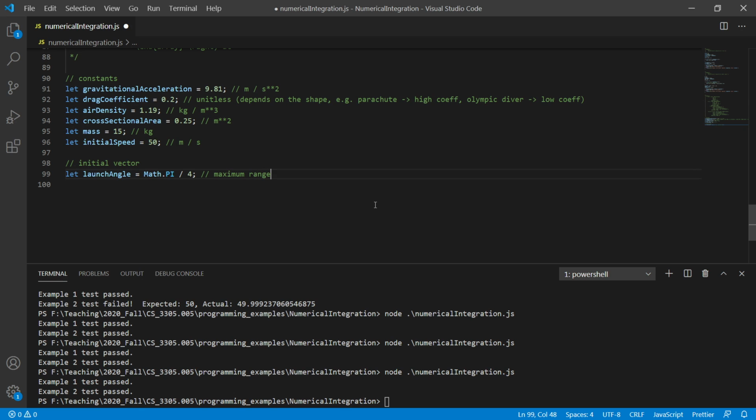And so essentially whenever you increase the angle up from 0, you get a further and further distance, and then once you start aiming above 45 degrees or pi over 4 radians, you start getting shorter and shorter distance.